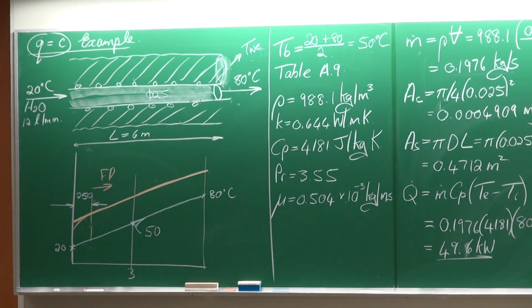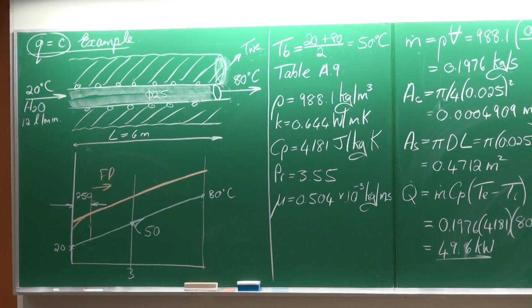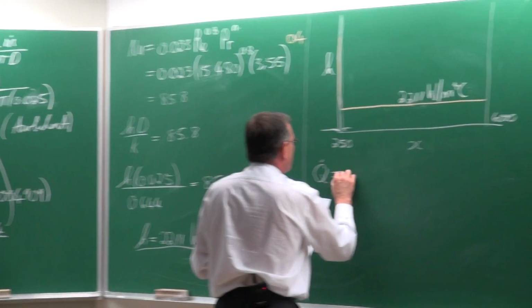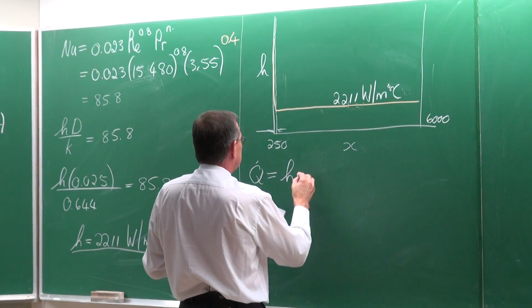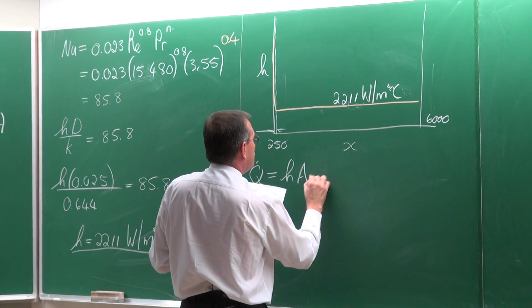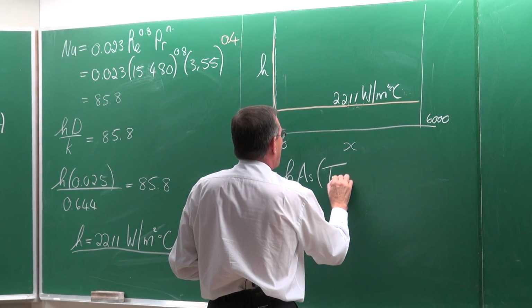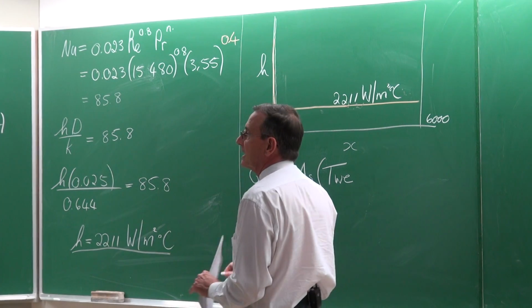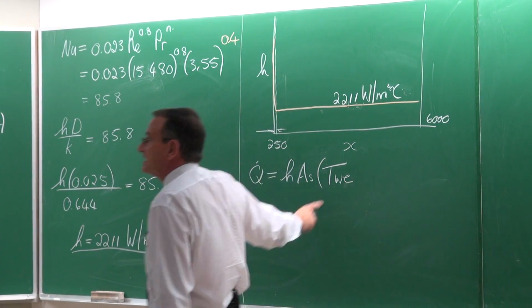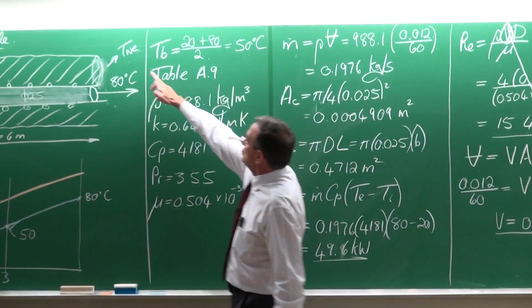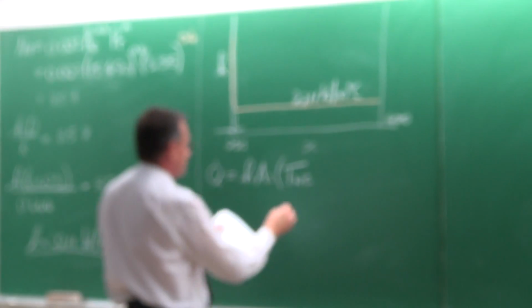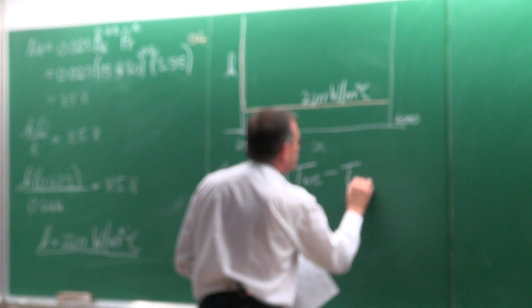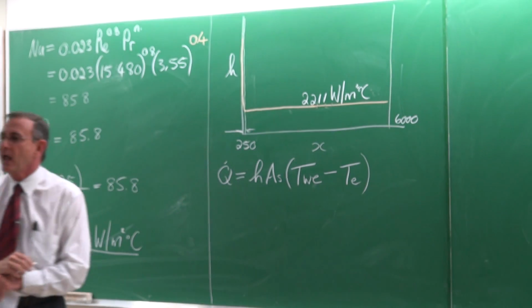Now that is very easy to determine, because now we can say that the heat transfer rate is equal to the heat transfer coefficient multiplied by the surface area multiplied by the wall temperature at the exit, TWE, minus the fluid temperature. And the fluid temperature is the outlet temperature.